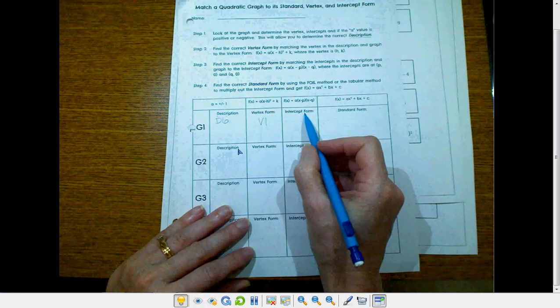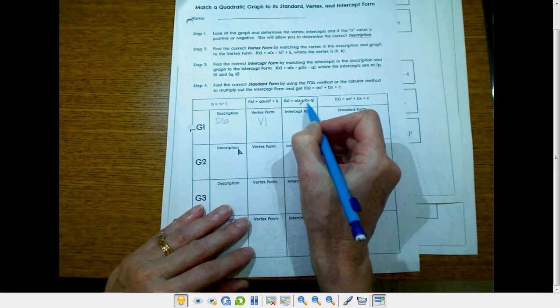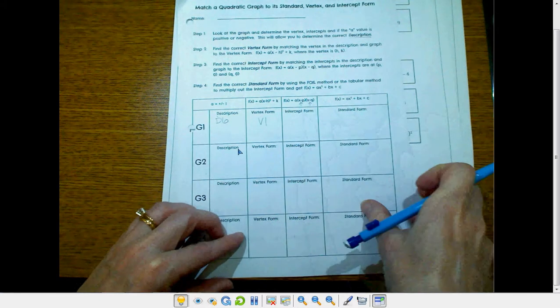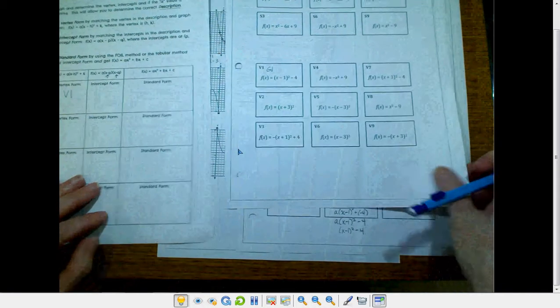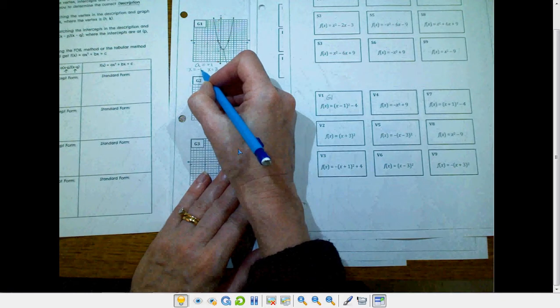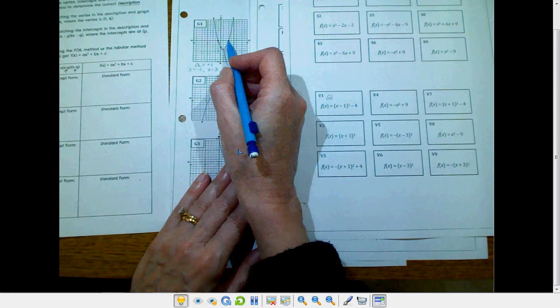Now I'm going to do my intercept form. The intercept is where the graph hits the x-axis, so the y value is 0. And we knew from our description of this graph that our intercepts are at x equals negative 1 and x equals 3.